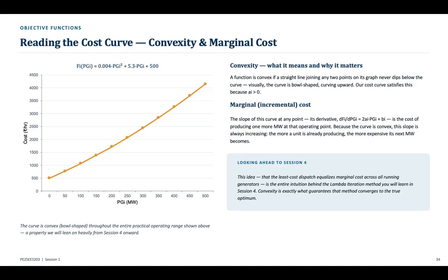At any point, its derivative dfi by dpgi is equal to 2ai pgi plus bi, which is the cost of producing one more megawatt at that operating point. Because the curve is convex, the slope is always increasing. The more a unit is already producing, the more expensive its next megawatt becomes.